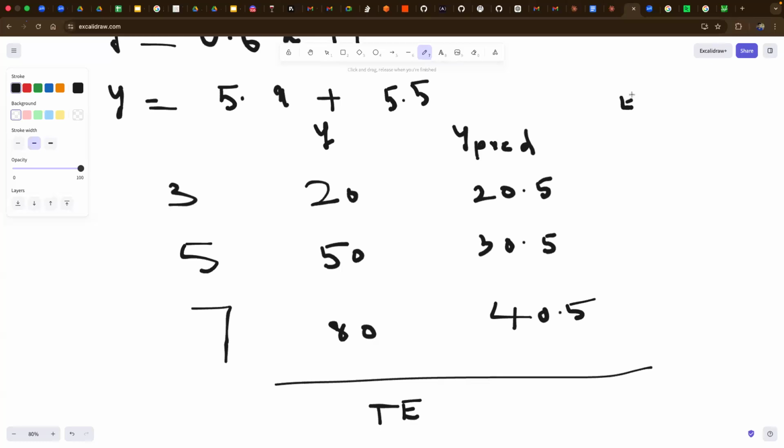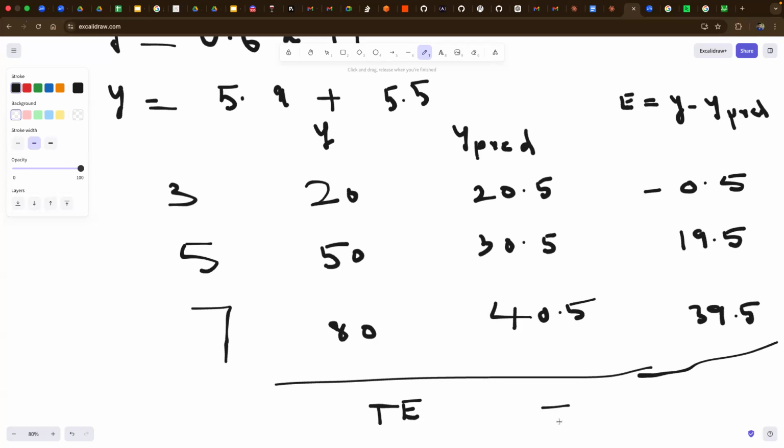This error, if you write here, error is equal to Y minus Y pred, and that is given by 20 minus 20.5, minus 0.5, 50 minus 30.5, it is 19.5, and 80 minus 40.5, it is 39.5. So total error might come down compared to earlier.